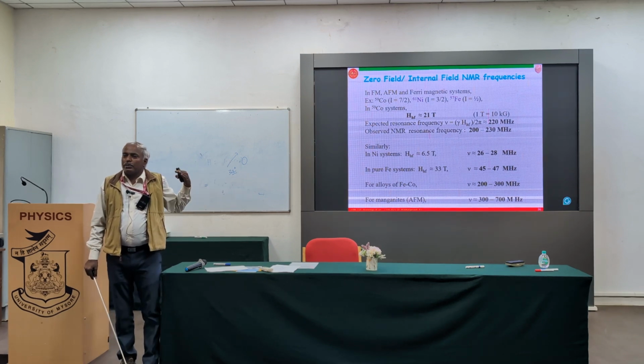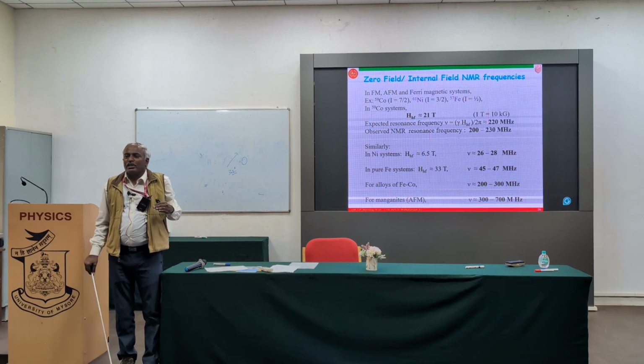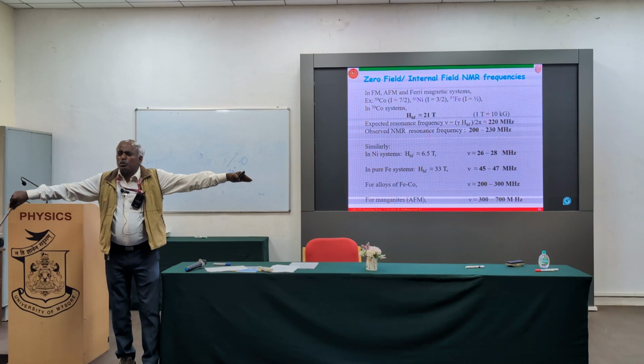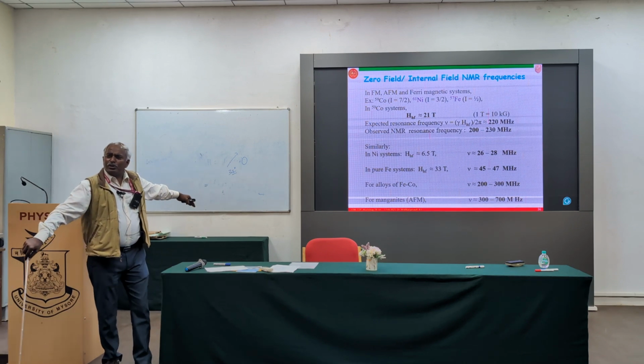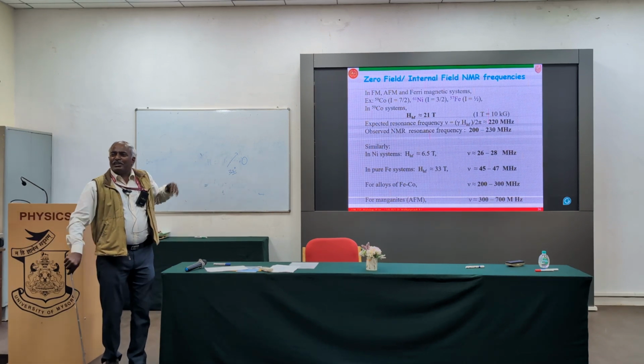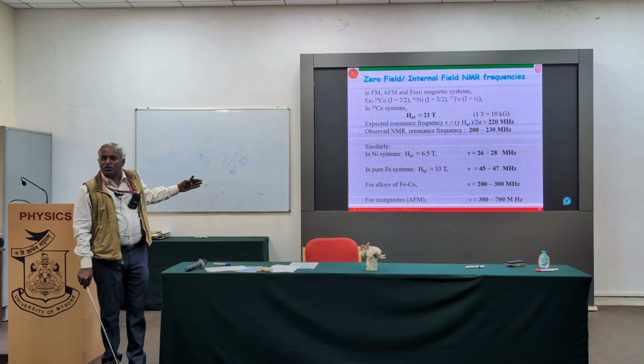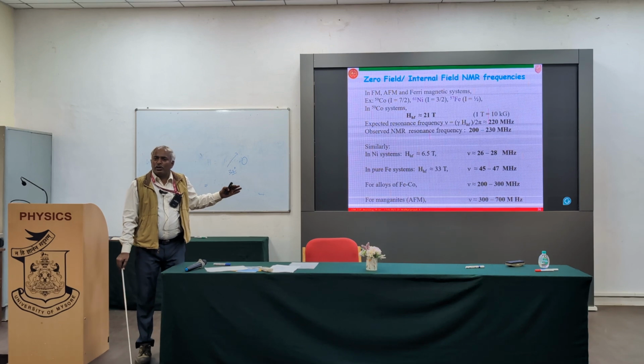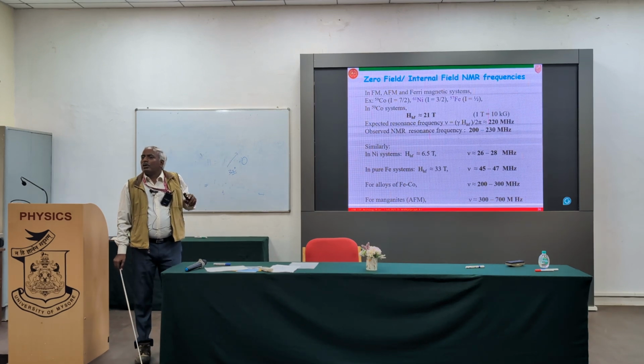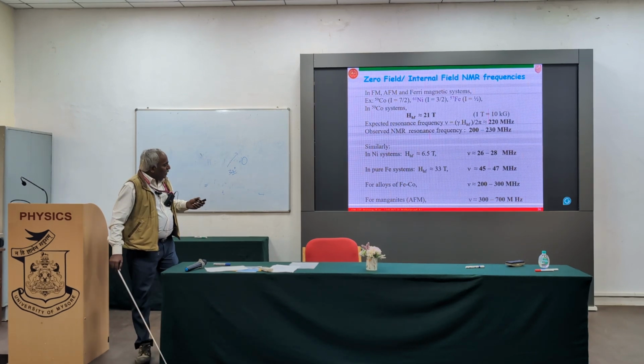If I am able to do the same experiment at 1 megahertz, I will be the happiest person. 1 megahertz means relaxation, slow motions. If it takes 1 year to rotate this much, with that technique I will be able to measure it. Any slow motions, if I want to measure them, I have to do it at low frequency.